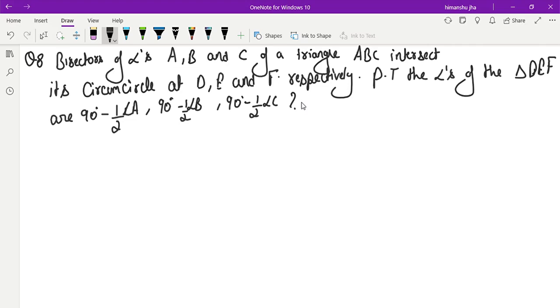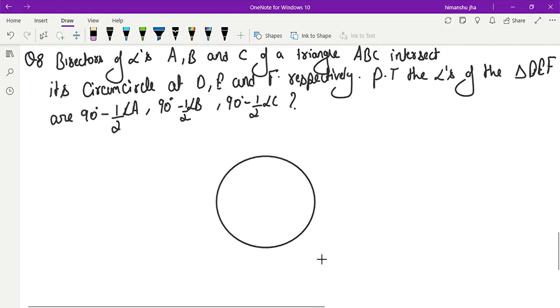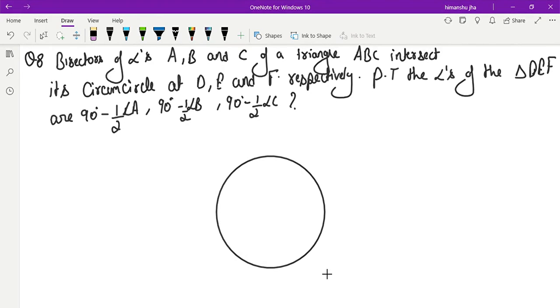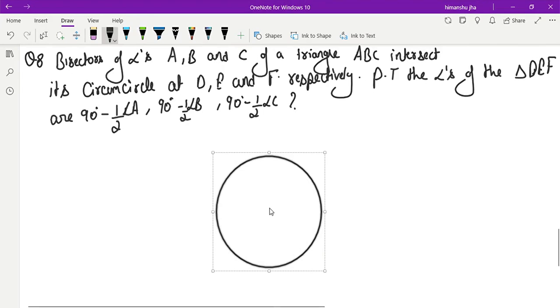Now there is a triangle ABC and we have angle bisectors. The bisectors of the angles of the triangle ABC meet the circumcircle at D, E, F. So first thing, we will draw a triangle. ABC has a circumcircle.